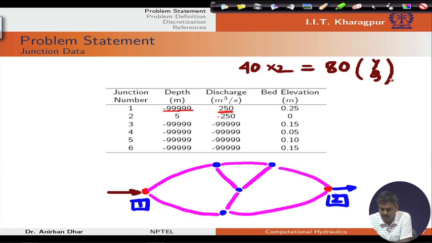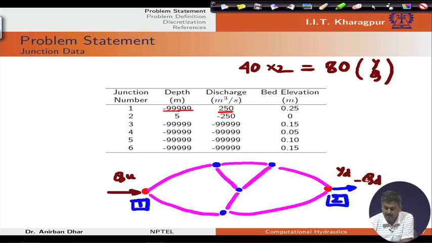Another quantity is unknown here, that is the inflow QU at the starting node 1, because in this case only y at downstream and QD are specified.